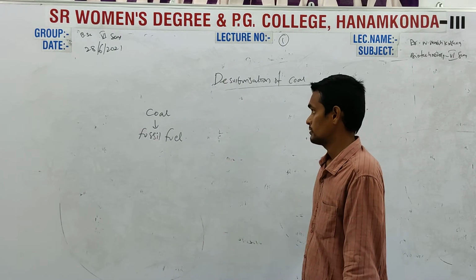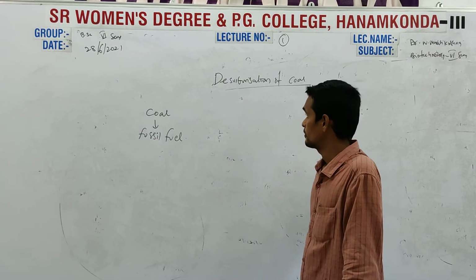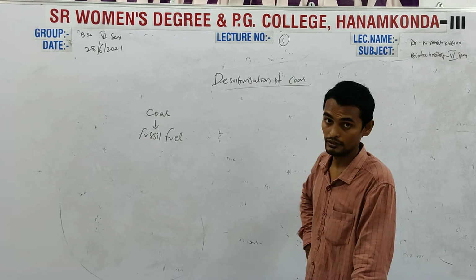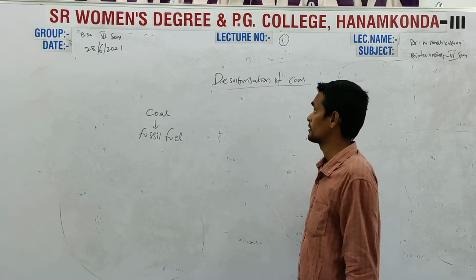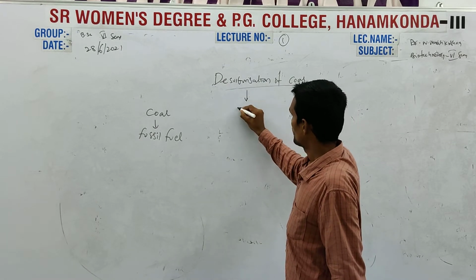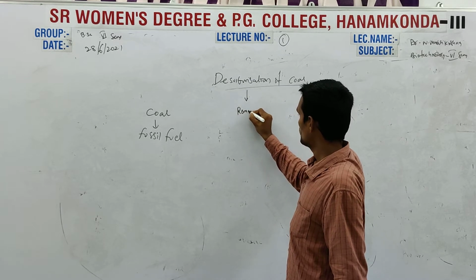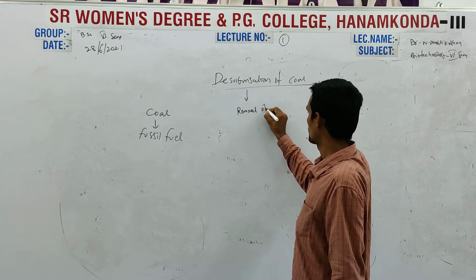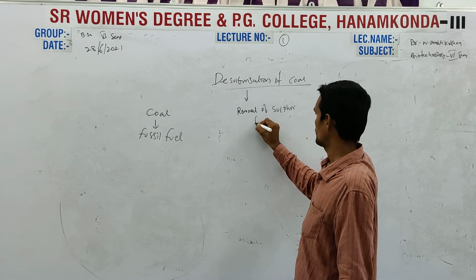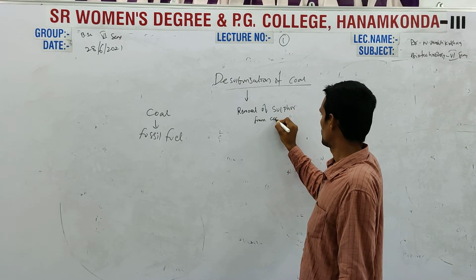Coal, mostly, desulfurization of coal is necessary. So what is desulfurization? It is nothing but removal of sulfur from coal.